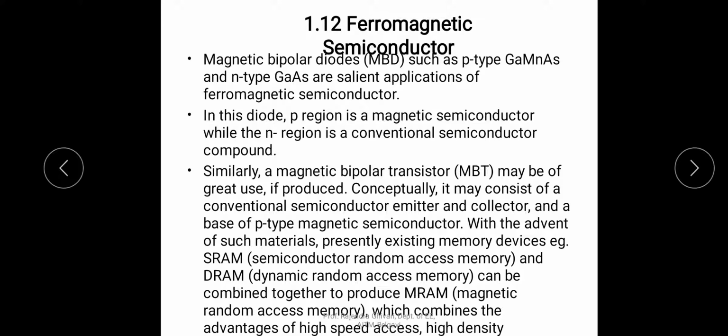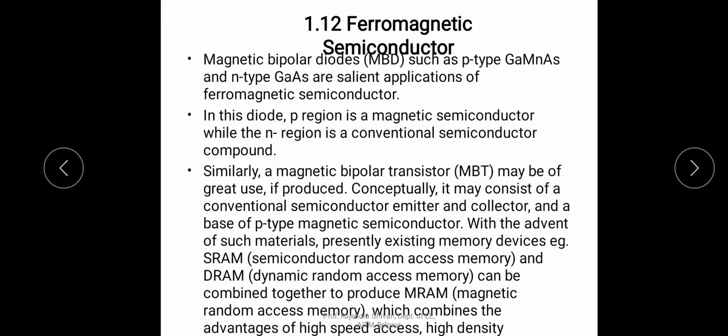So the presently existing memories are SRAM and DRAM. Now when these two RAMs are combined, they form a magnetic RAM, which has the advantages of high speed access, high density information storage and non-volatility. As we know, RAM is a very important part of the CPU.